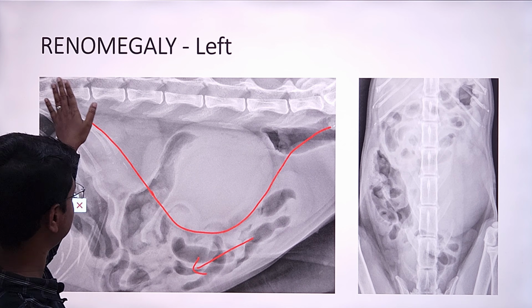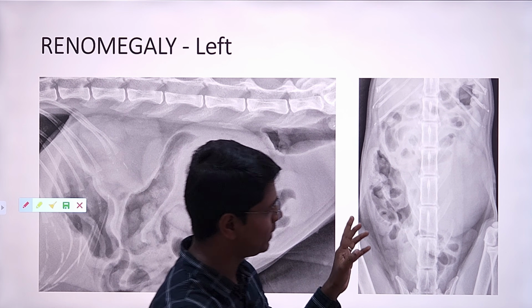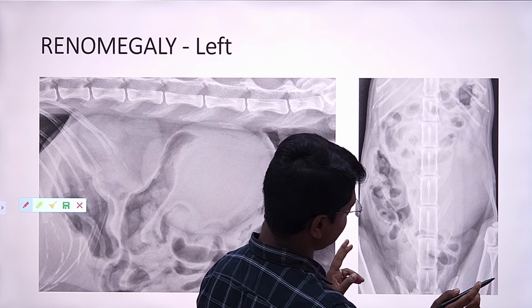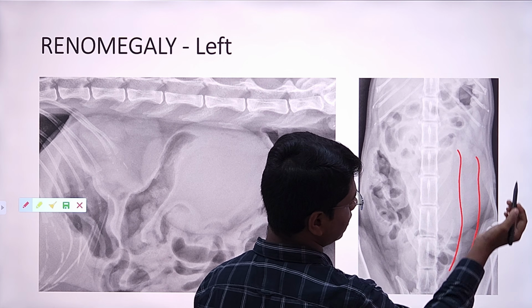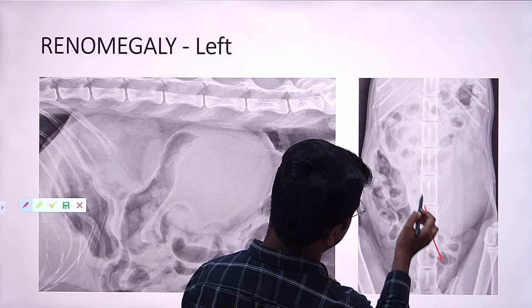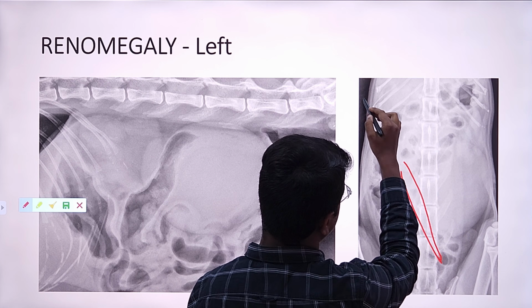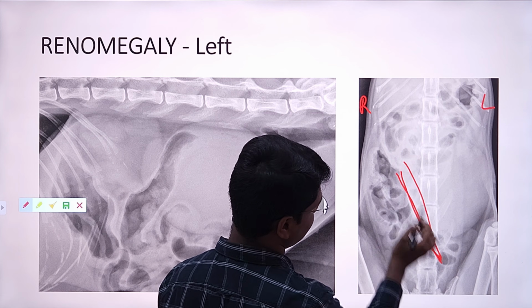This is the enlargement of the left kidney. In the ventrodorsal view, normally here you will find the descending colon, but due to renomegaly the descending colon has been shifted to the right-hand side. This is the left side, this is the right-hand side.